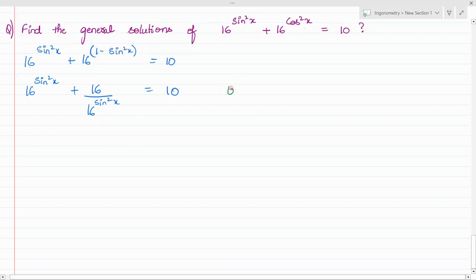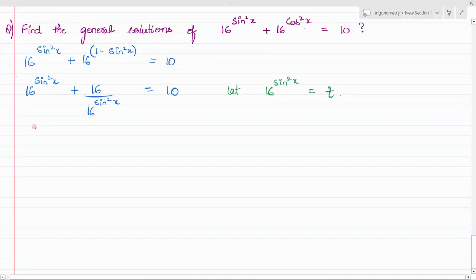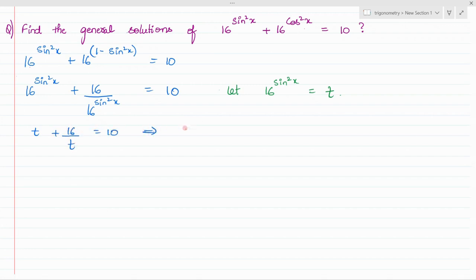Now assume let 16 power sine square x be some variable t. Now this can be written as t plus 16 by t is equal to 10, and convert into quadratic equation, it becomes t square minus 10t plus 16 equal to 0.